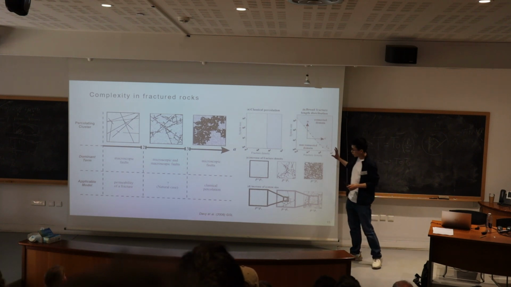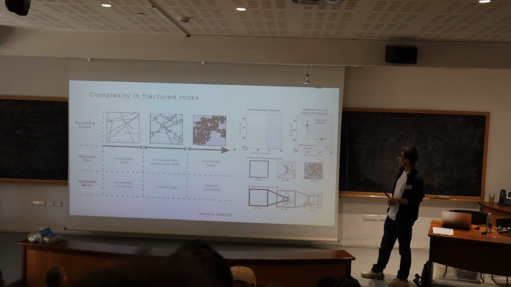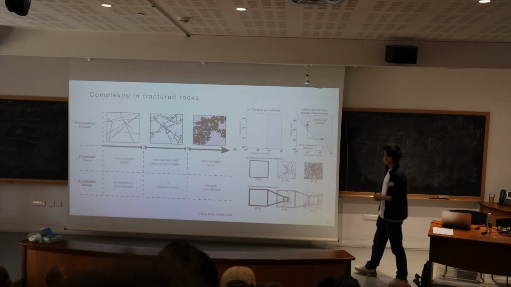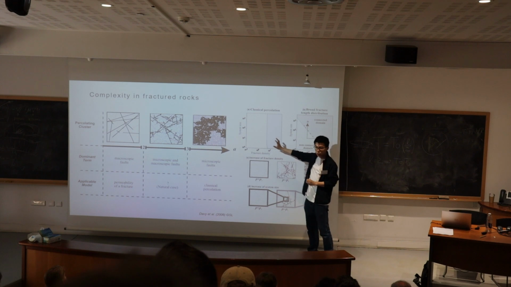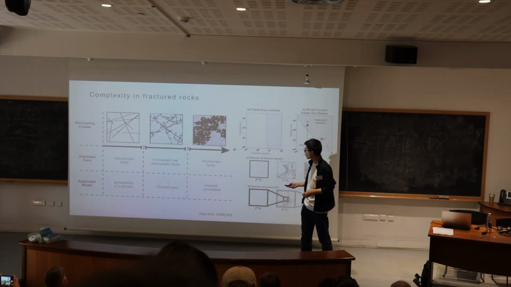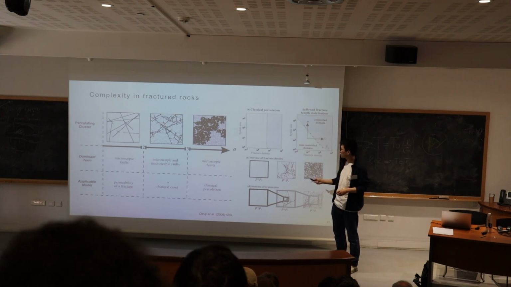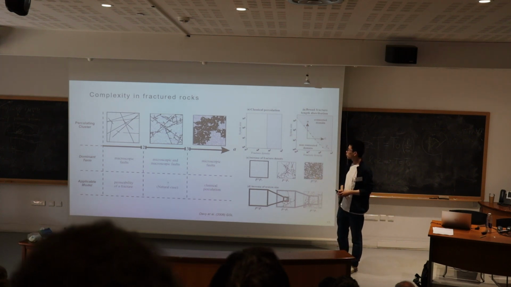Okay, so this is the pioneering work by Philip Davy. He looked into the fracture network and characterized the behavior of the fracture network based on the fracture length exponent, since the fractures follow a power law distribution.